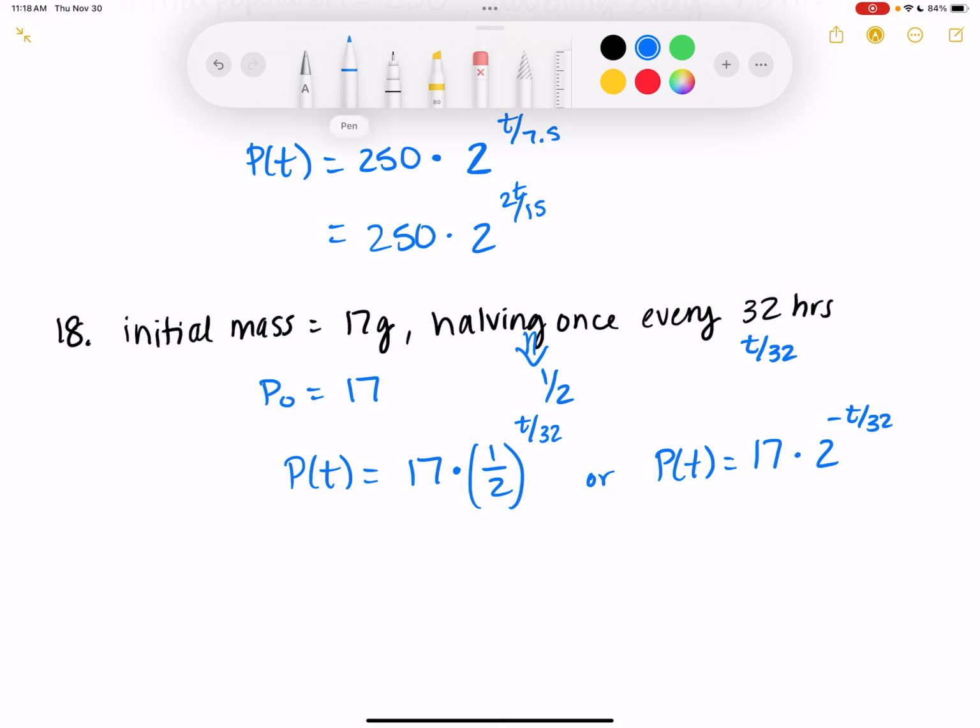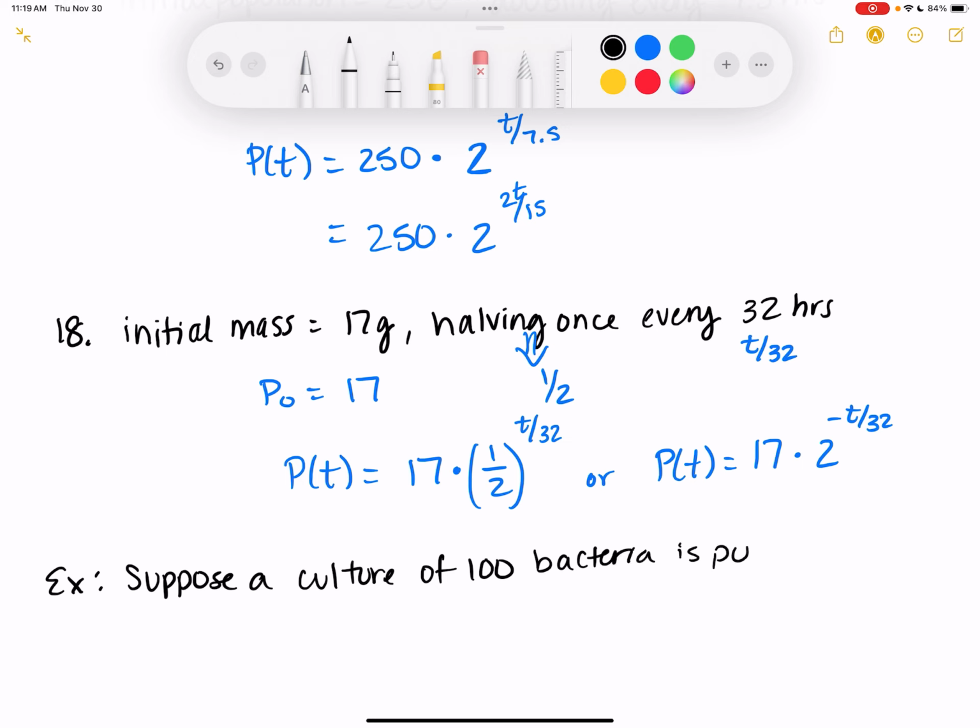Okay. Suppose a culture of 100 bacteria is put into a petri dish and the culture doubles every hour.